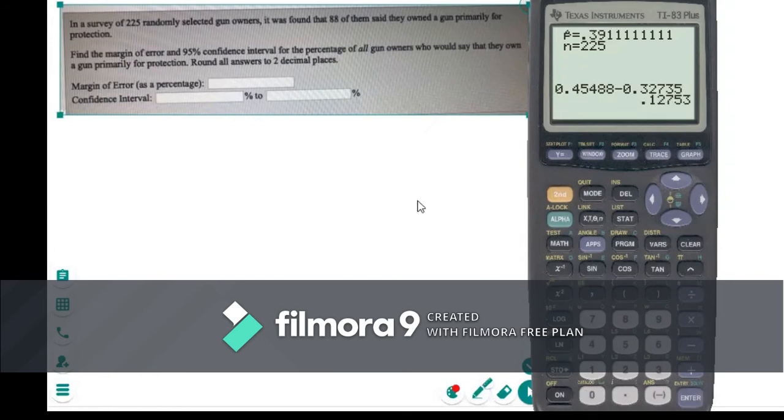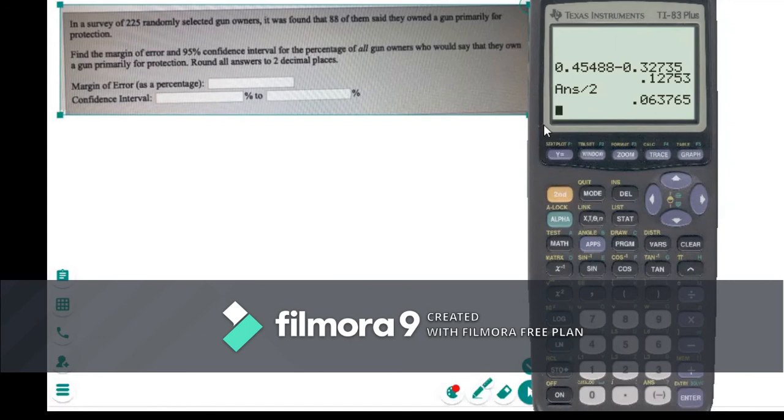Then you need to divide the difference by 2. That's how you get your margin of error. So this is your margin of error, and your confidence interval is 0.45488 and 0.32735.